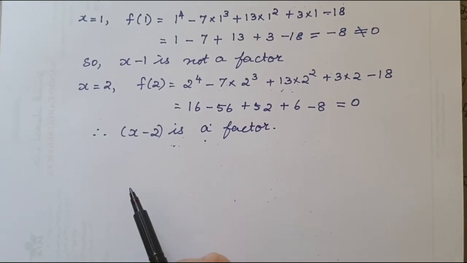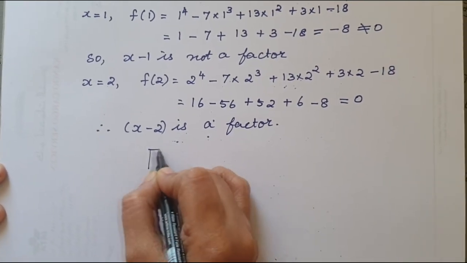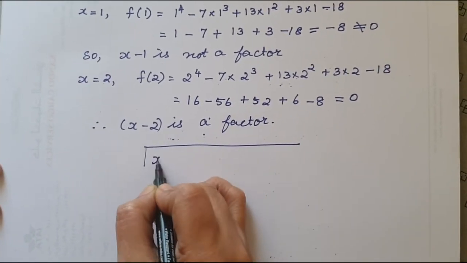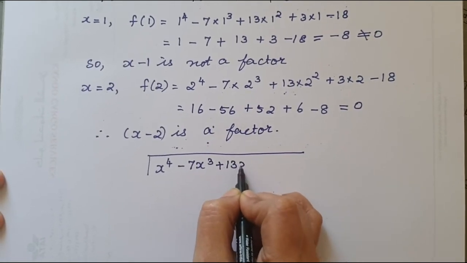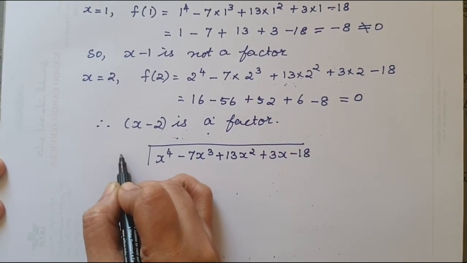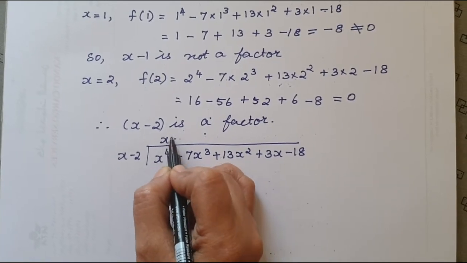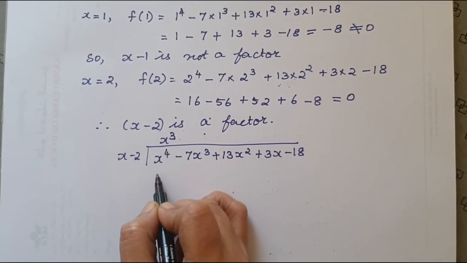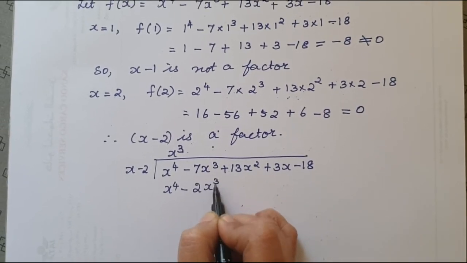Now we'll just do the long division. In order to do the long division, we just write it out: x power 4 minus 7x cube plus 13x square plus 3x minus 18, divided by x minus 2. When you divide, here it is x cube. So you get x power 4 minus 2x cube.